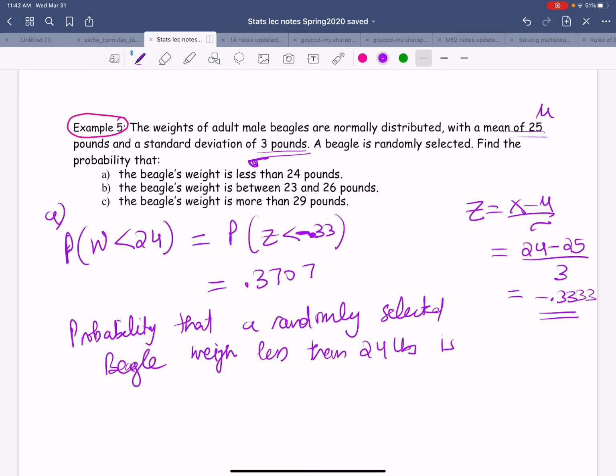We always leave probability in terms of decimal. Okay, 0.3707, or we can say there's a 37.07% chance that this is going to happen.